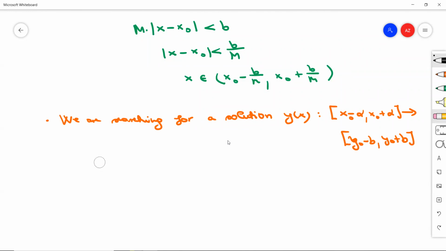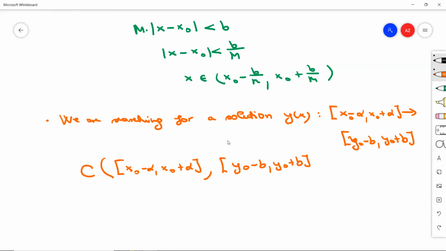Usually the space of continuous functions, maybe you remember from calculus, is denoted C, and then we say what is this initial interval and what is the codomain. So this is our space of continuous functions from this interval into this interval, and we are searching for the solution from the space of these functions. So this is a vector space.